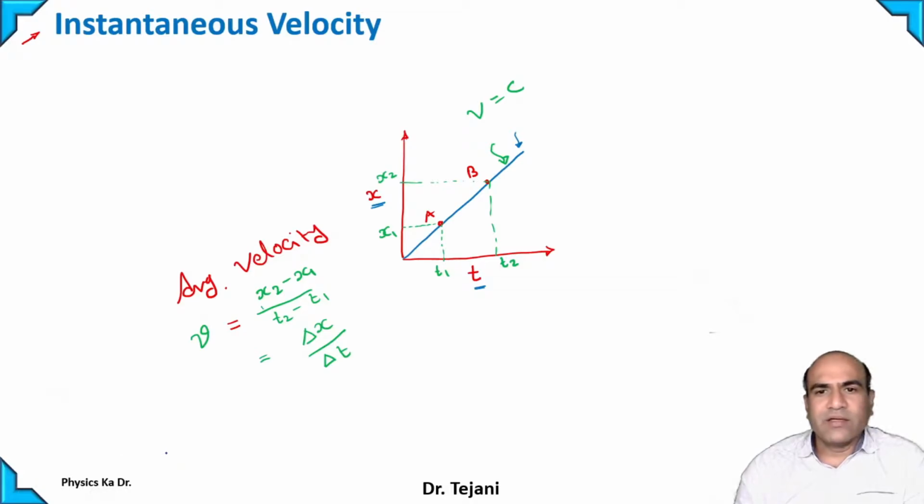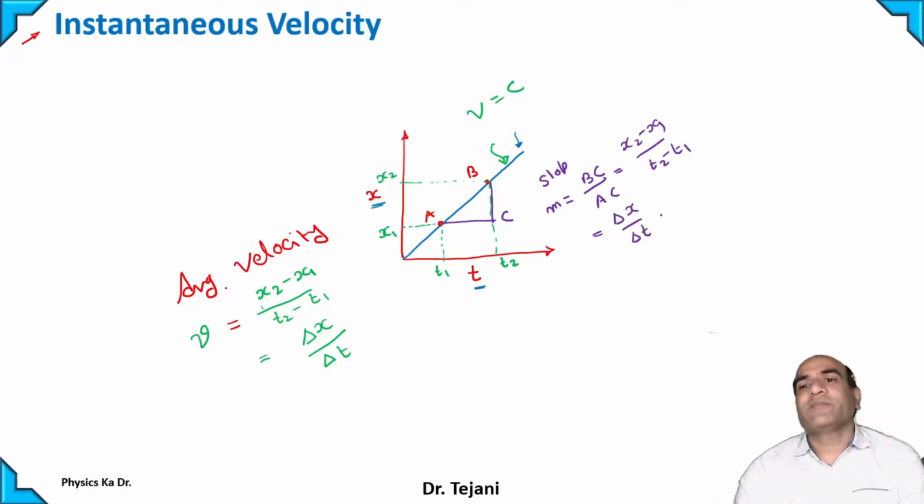And if we take slope, let's assume a horizontal line C. We know that slope m is equal to the opposite side divided by the adjacent side, which is x2 minus x1 divided by t2 minus t1, equal to delta x by delta t.